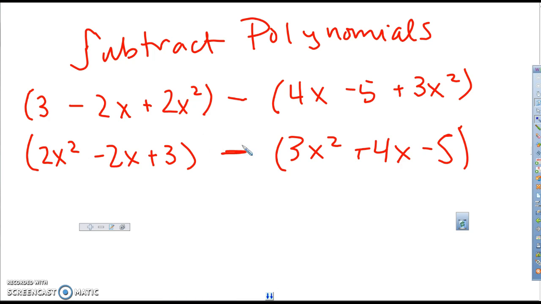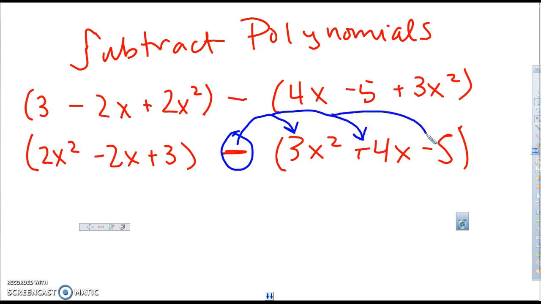I'm going to take this minus sign and I'm going to distribute it to every piece inside of here, which means I'm going to need to change my signs. It is very helpful if you do this in a different colored pen. So I will have negative 3x squared minus 4x plus 5. That means this whole problem has changed to an adding polynomials problem.